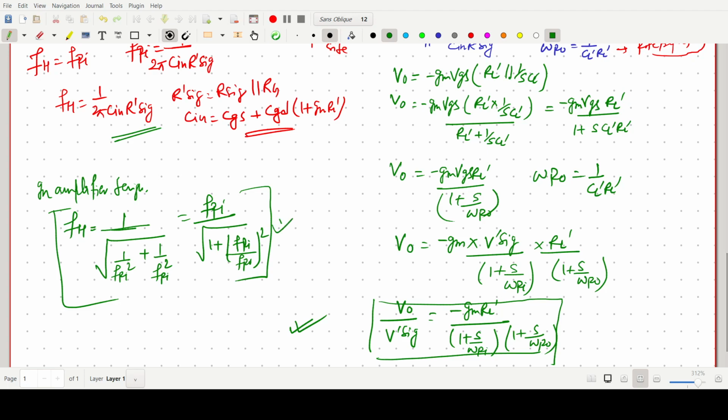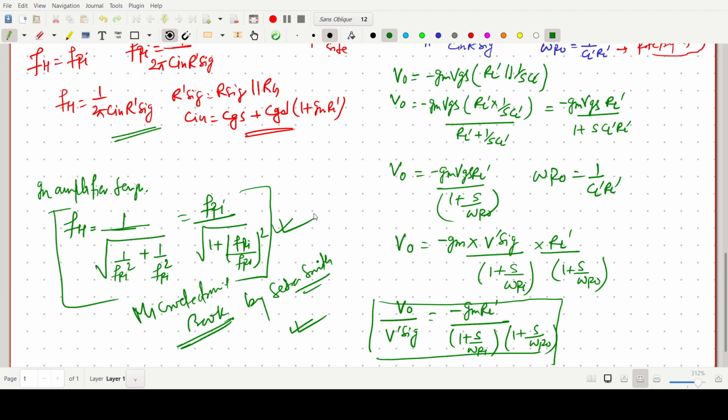You can also go for the microelectronics book by Sedra Smith. This one is one of the methods to approximate the high frequency estimation of a common source amplifier.